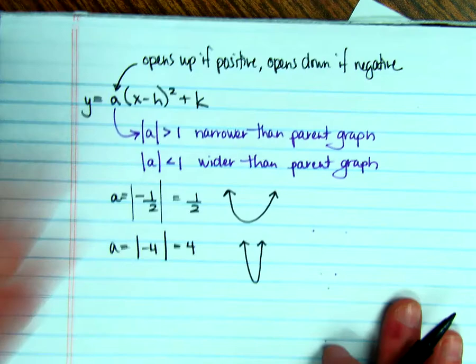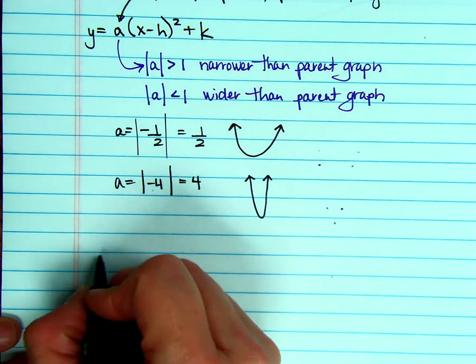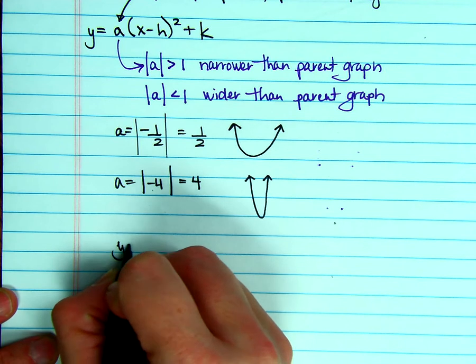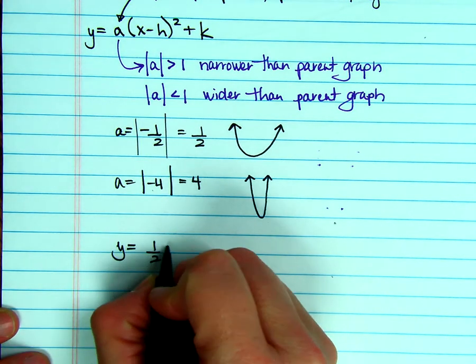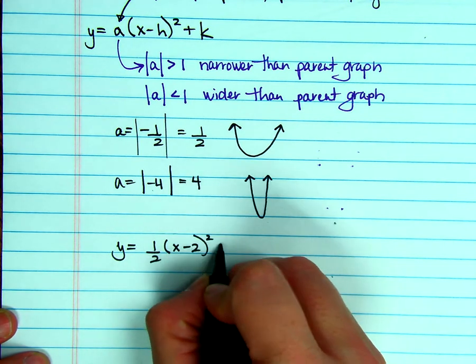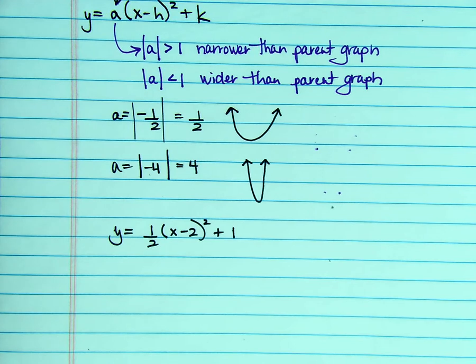Okay? So if I have, let me find an example. So if I have y equals 1/2 times the quantity x minus 2 squared plus 1. A couple things we can do.